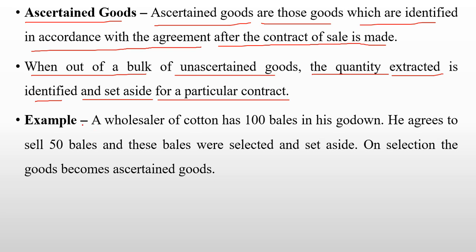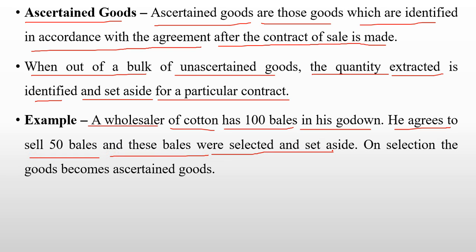For example, a wholesaler of cotton has 100 bales in his godown and he agrees to sell 50 bales, and these bales are selected and set aside. On the selection, the goods become certain goods.